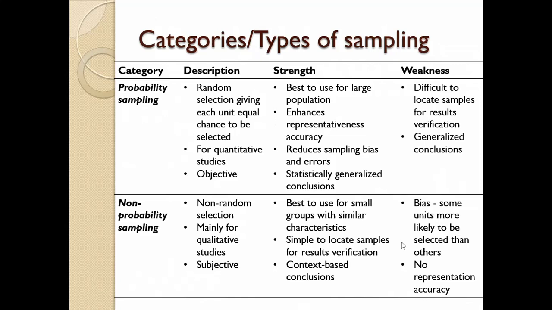On the other hand, you have non-probability sampling, which does not consider random selection. It is judgmental and subjective, based on what the researcher wants to study, and mainly used for qualitative studies.